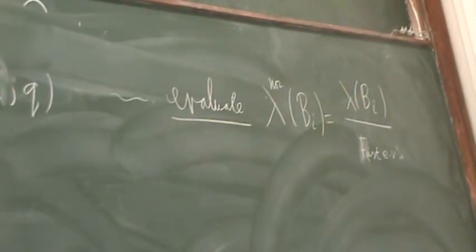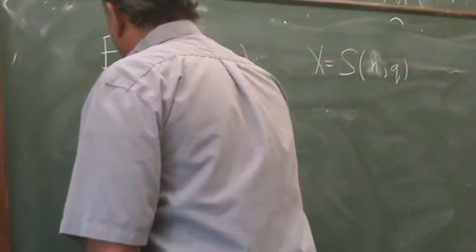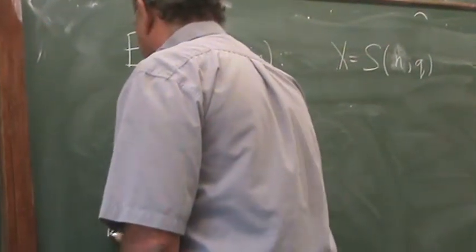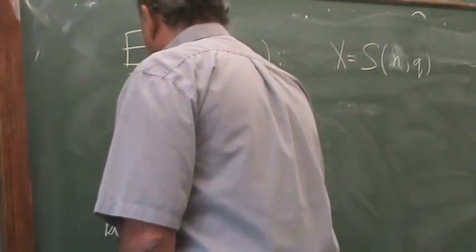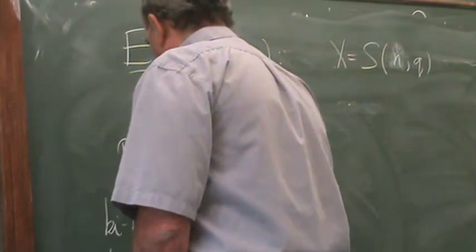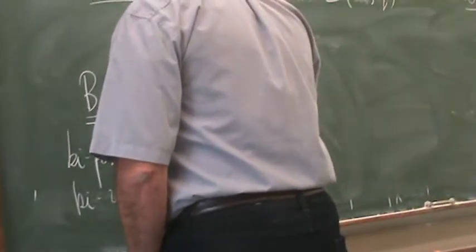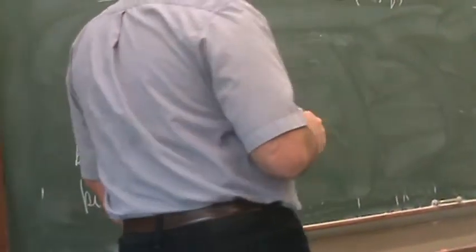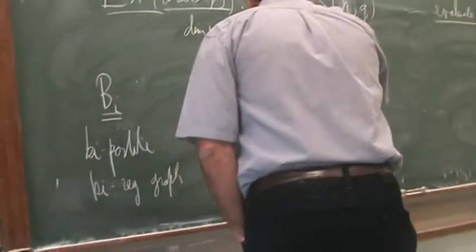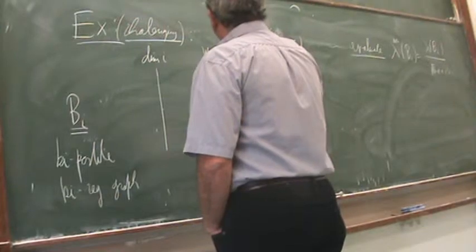So what will B_i really be? B_i will be a bipartite, biregular graph, as we talked about today. On one side, you remember we have the spaces of dimension i, but on the other side, we are going to have walls without i.